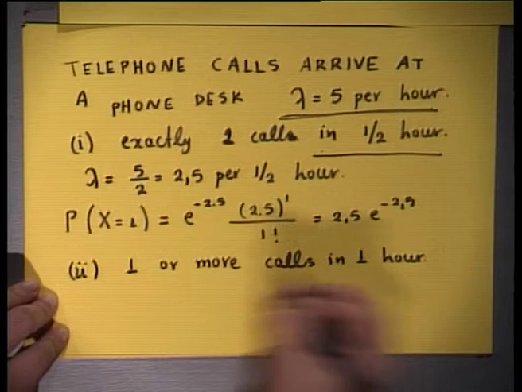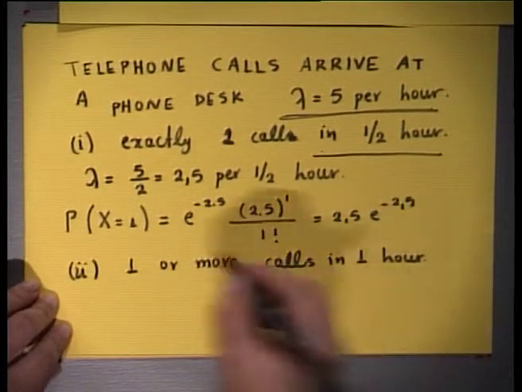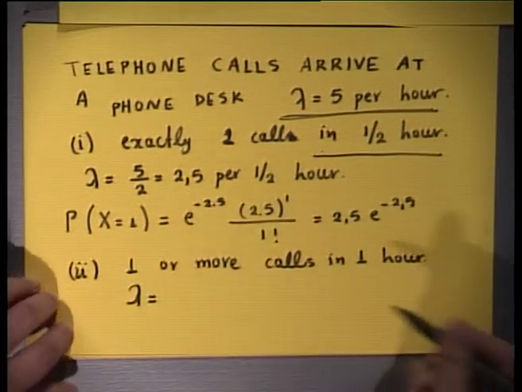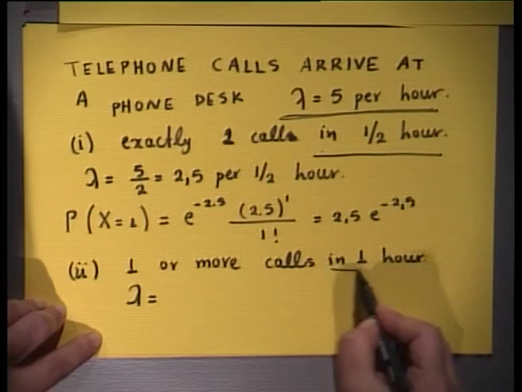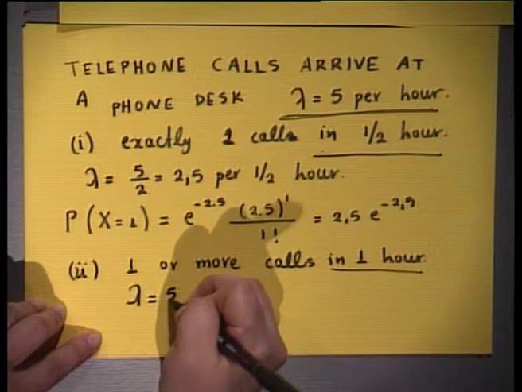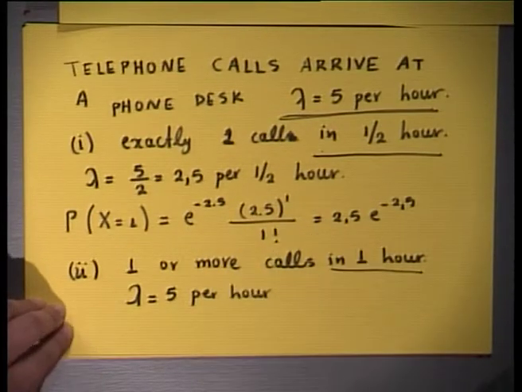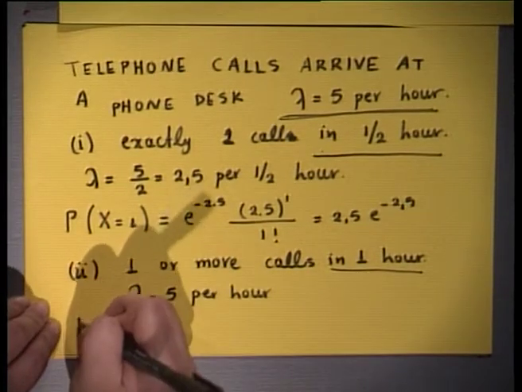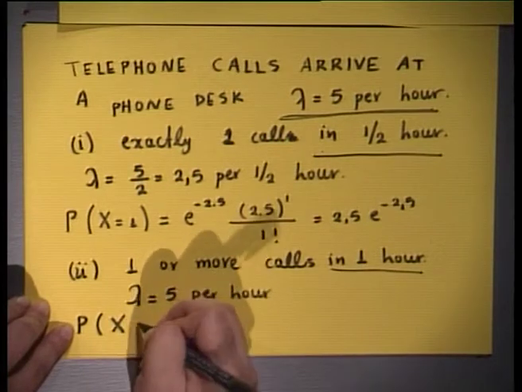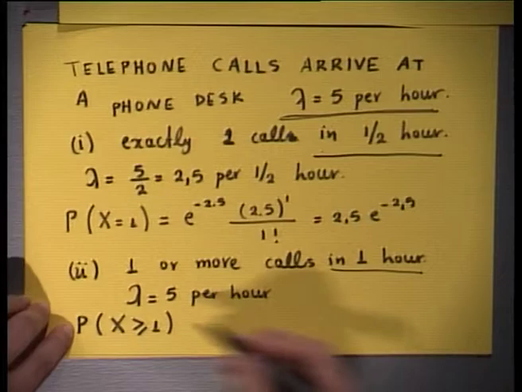So x is the number of calls that arrived, and lambda here, as we talk in an hour, we can use the 5 we had per hour. So now we can calculate our probability that x is greater or equal than 1.